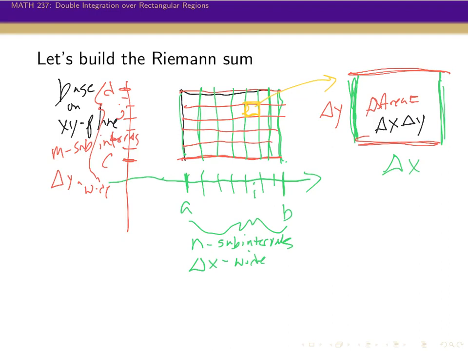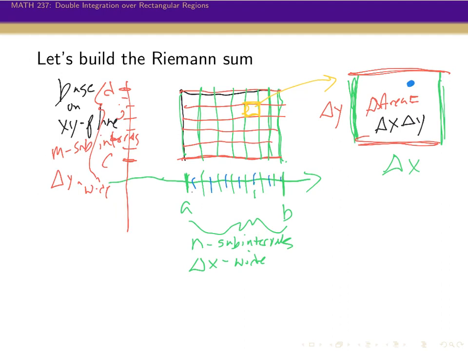So we've broken up our base now. If we want the volume over this little square of area, we have the area of the base, we just need a height. So how are we going to pick a height? Well, we're just going to pick some point in here. For each interval, we'll pick some x value.